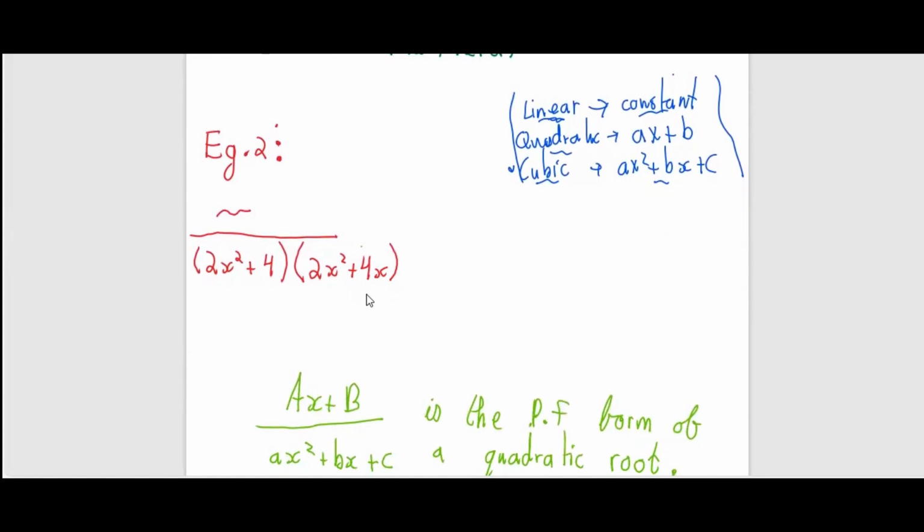Now we'll continue on if you have more quadratics, like example 2 here. If I'm doing this one, don't forget what the numerator has. In this denominator, you have a quadratic here and a quadratic here. So that will be ax plus b over the first quadratic, plus cx plus d over the second quadratic.